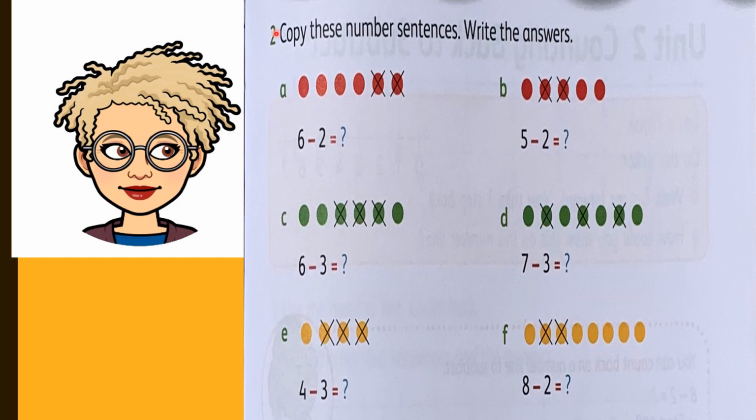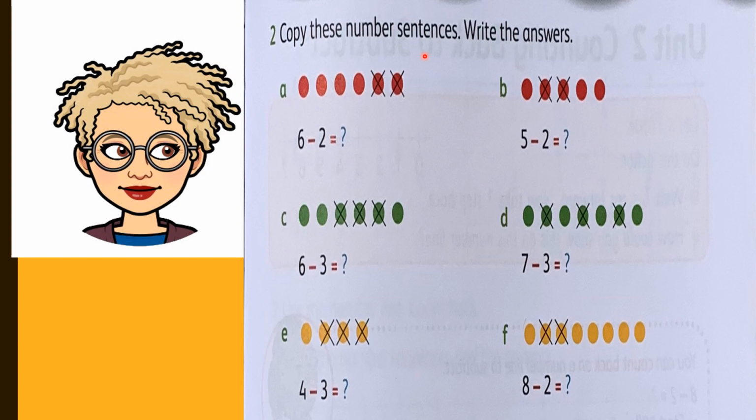On this page in your math textbook, but that's at school, it's going to ask you to copy these number sentences and write the answers. So you can grab a piece of paper at this time, copy the number sentences, and we'll write the answers together.